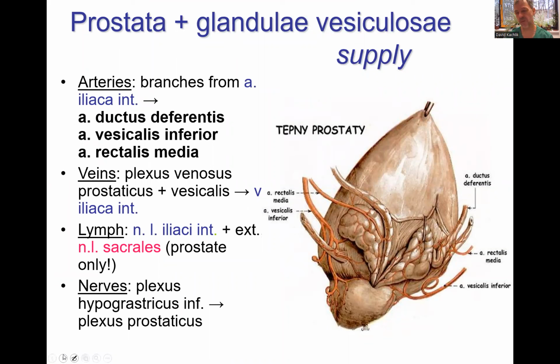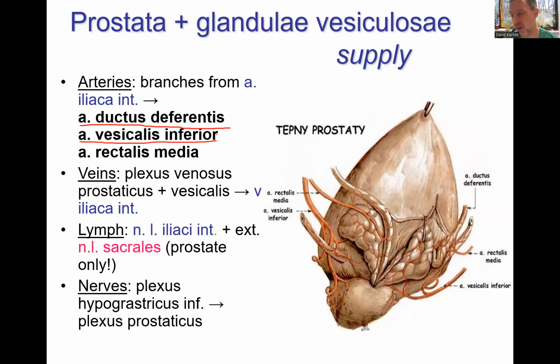So, to conclude prostate, we should talk about the blood supply. It's a gland, but it does not contain a hilum, and it is supplied by the adjacent vessels. As it's located below the urinary bladder, it is supplied by the inferior vesical artery. As it receives the deferent duct via the ejaculatory duct, it is supplied by the ductus deferens artery.